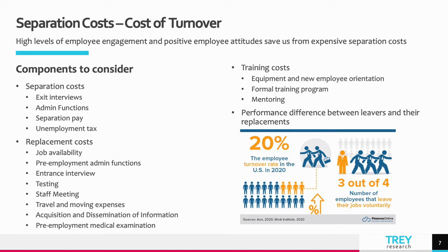Replacement costs include job availability, pre-employment admin functions, entrance interviews, testing, staff meetings, travel and other moving expenses, acquisition and dissemination of information, as well as pre-employment medical examinations. This includes everything that is required to onboard and to replace an employee.